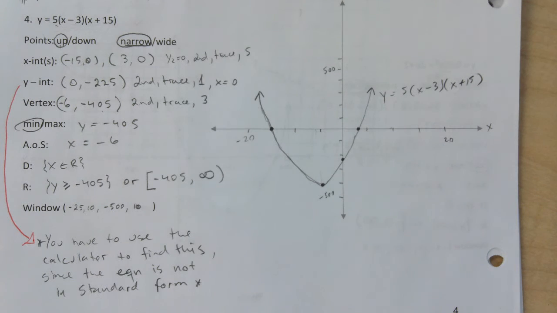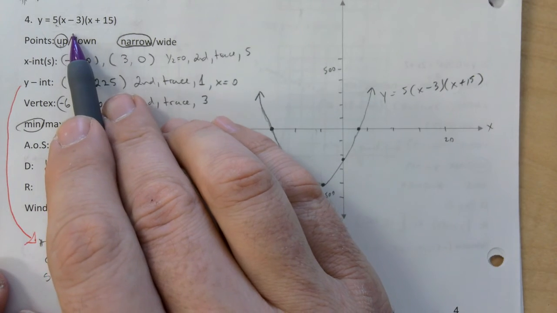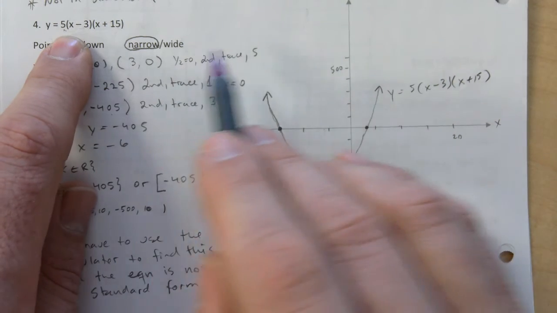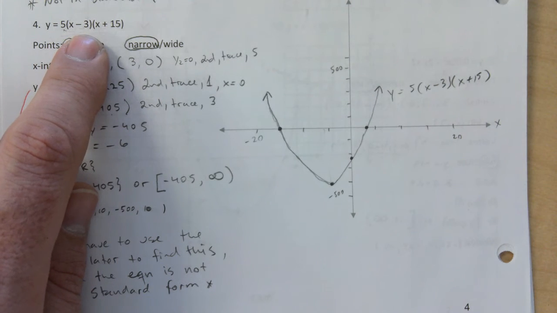And Andrea, for question 2, is it better to put it in slope intercept form? For question 4, should you turn it into slope intercept? Slope intercept is only for linear equations.